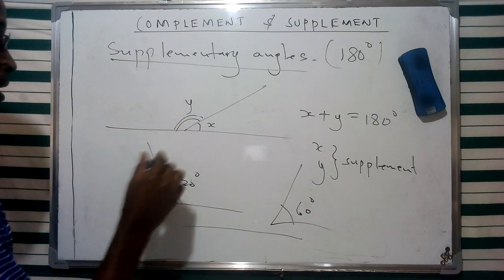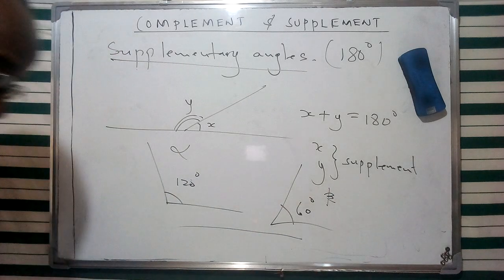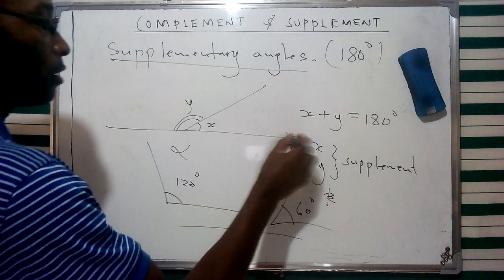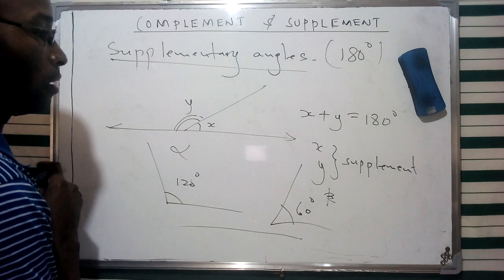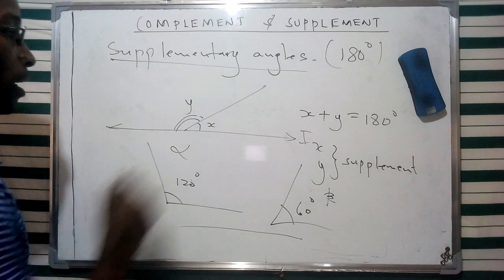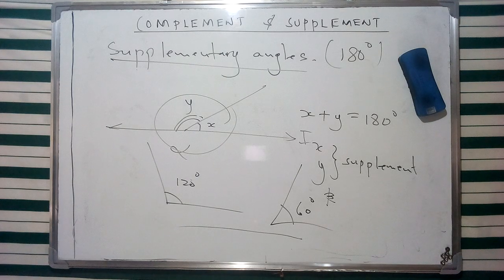If these are angles alpha and beta, they form supplementary angles. Supplementary angles like x and y form what we call a linear pair, since they are contained on a single line. So we call the two angles a linear pair.